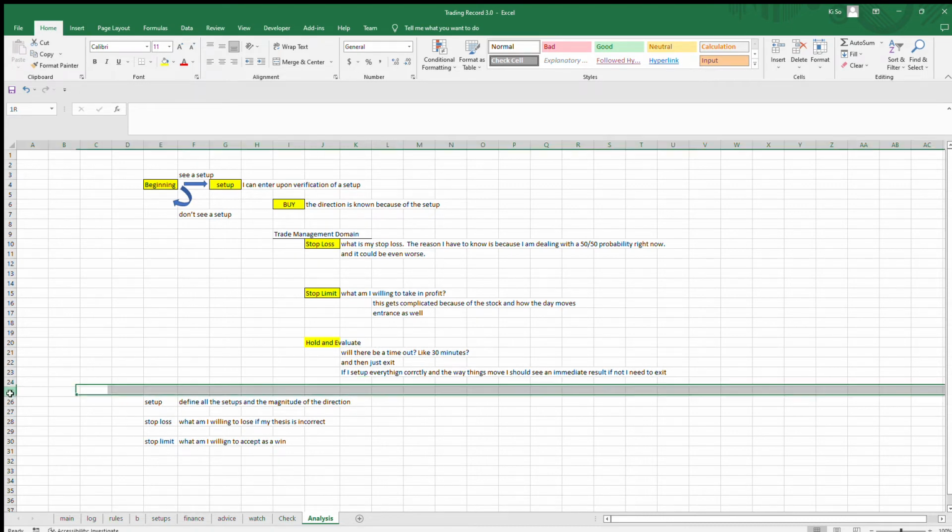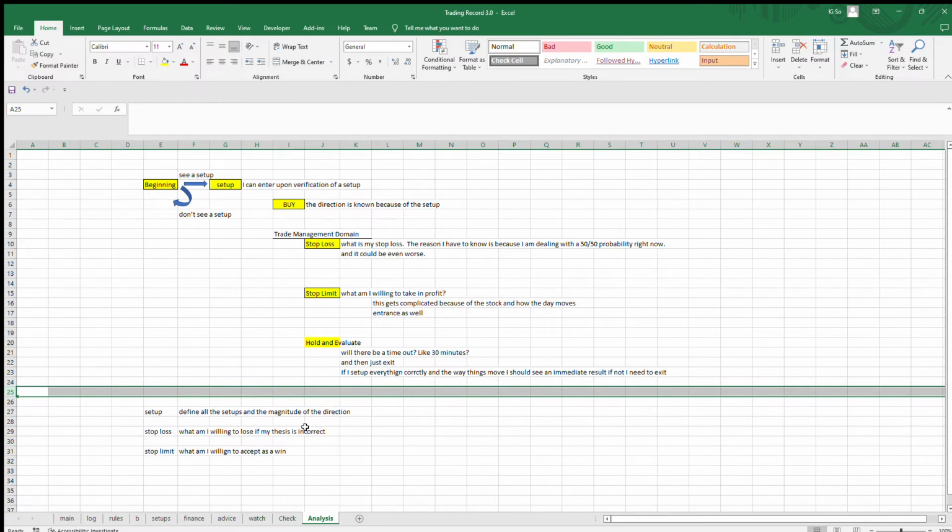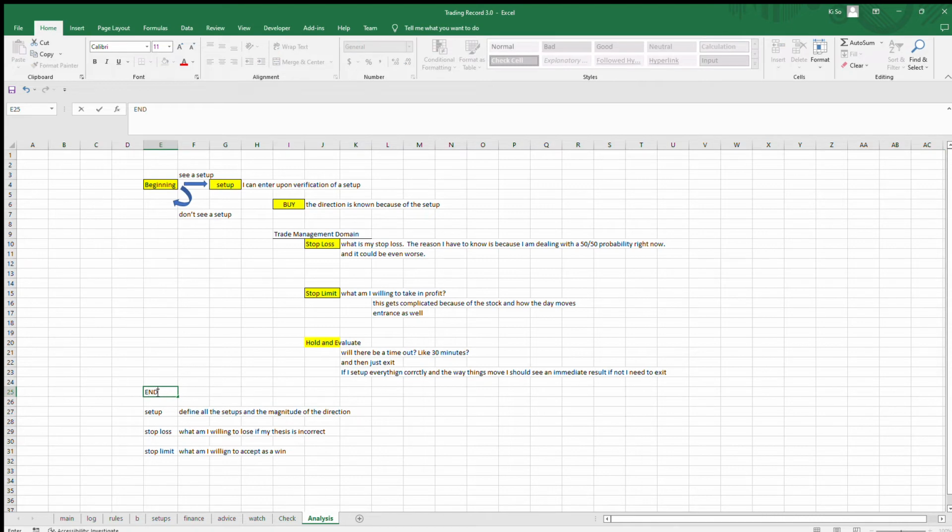And then once that is done, this is the end right there. That's the end of my trade. Essentially, this is how simple trading is.